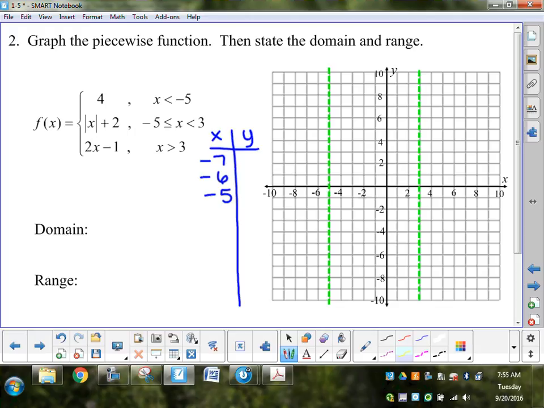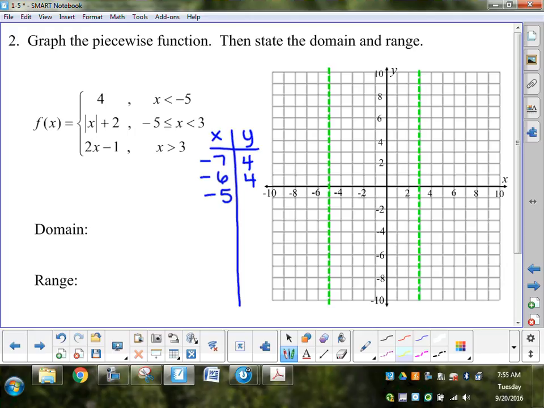If your input is -7, which criteria does it meet? The first one. So what would your output then be? What about when you plug in a -6? Courtney, what do you say?